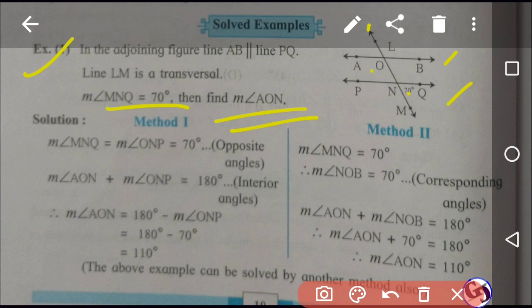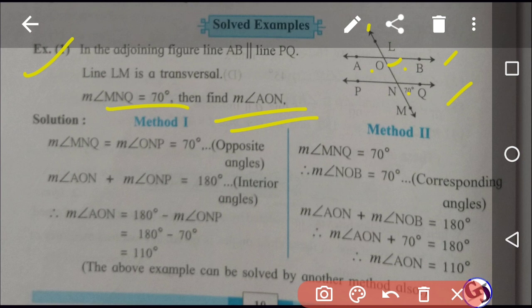Then what do we do? The second method is simple. Okay. Here you know the corresponding angle NOB. You know here MNQ is 70 degrees and the measure of angle NOB. This angle is a corresponding angle, and you know both angles are congruent, corresponding angles are congruent.